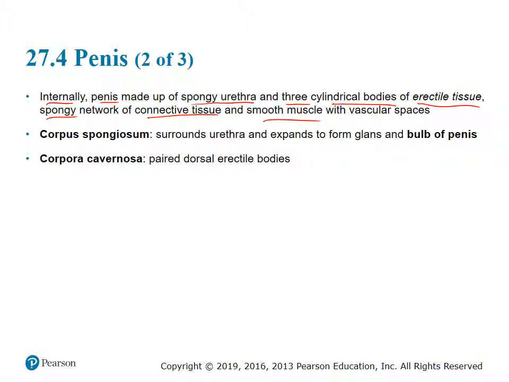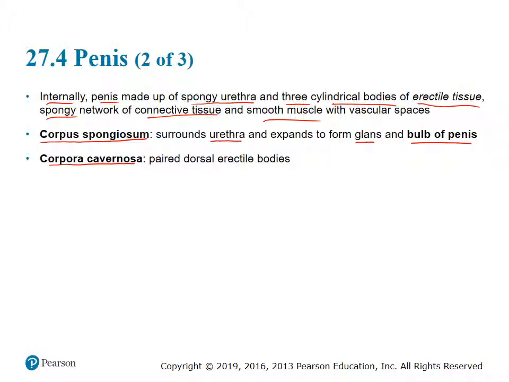Okay. So erectile tissue is actually a spongy network of connective tissue, and there's actually smooth muscle there, right? And so the bodies that we're talking about fall under the corpus spongiosum or the corpora cavernosa, right? Now the corpus spongiosum is the one that is found immediately around the urethra, and actually forms the glans of the penis and what we call the bulb of the penis, right?